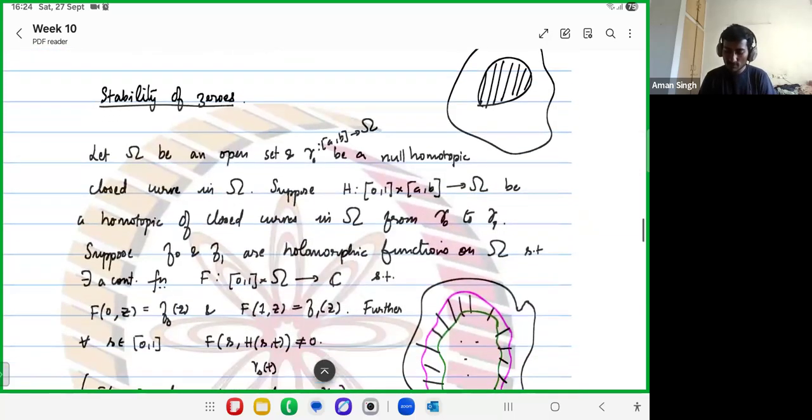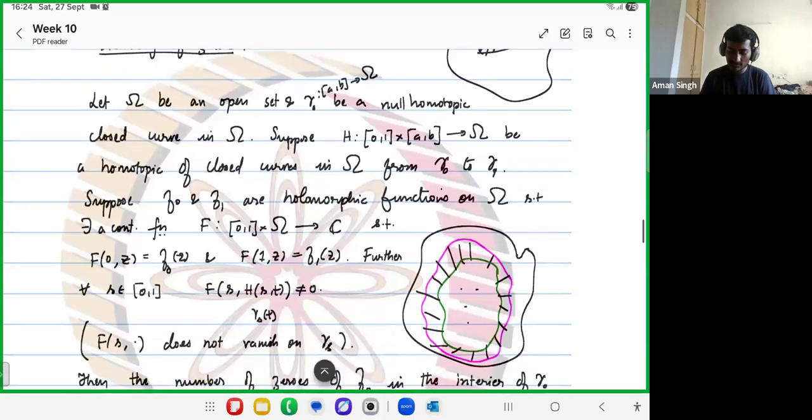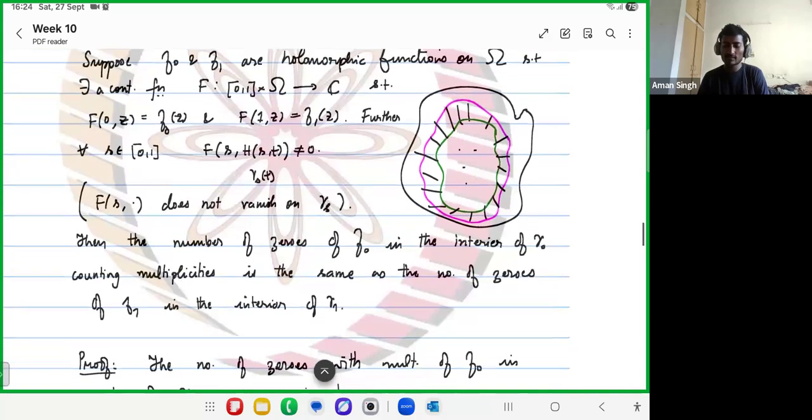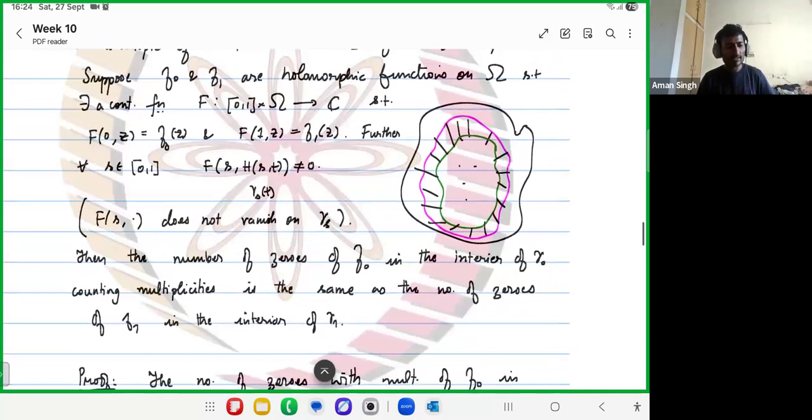Now, stability of zeros. We are not going to see this. Actually, if we have some condition on f, let's say f has n zeros in a domain, meaning in an open connected domain, and a little perturbation of the function does not change the number of zeros.